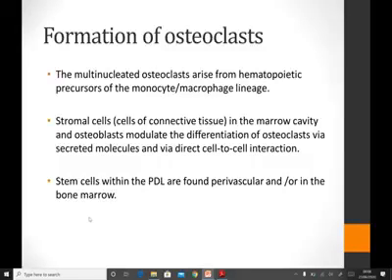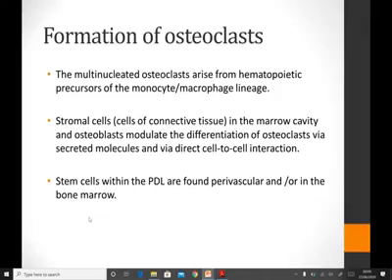All of the cells of the connective tissue, the stromal cells within the marrow cavity, as well as the osteoblasts, modulate the differentiation of osteoclasts via two ways: secreted molecules or direct cell to cell interaction. So the osteoclasts are coming from the stromal cells within the marrow cavity, and they're also differentiating from the osteoblasts.